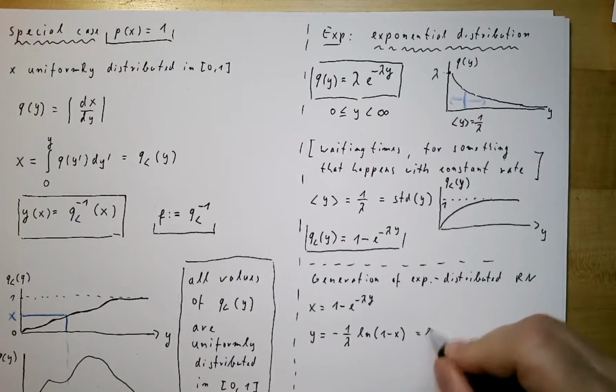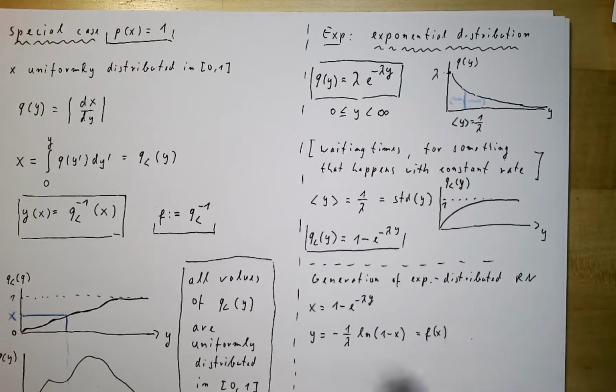And this is the variable transform that we need. It's quite straightforward. So what do we do? We take a uniformly distributed random number between 0 and 1, take 1 minus this, take the logarithm, multiply by minus 1 over lambda, and then we find random numbers y which are exponentially distributed.